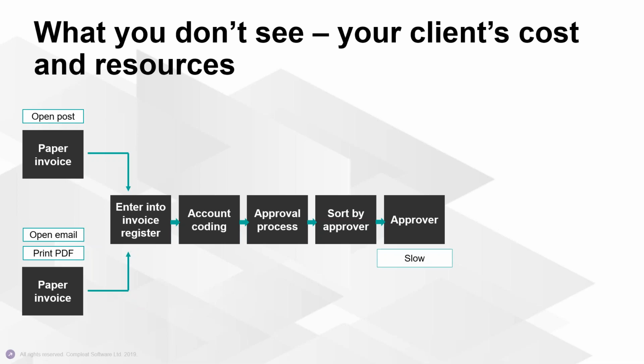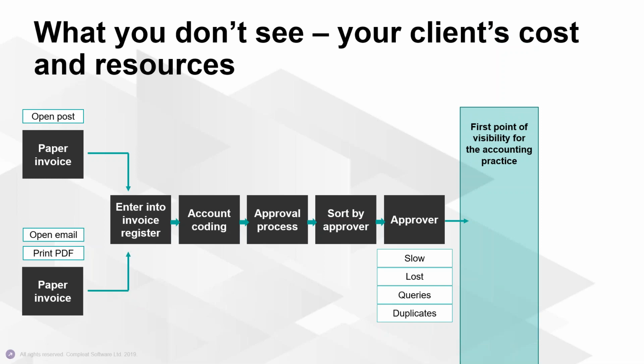The process is slow. They can get lost. If there are any queries, they will need to be manually returned. And the risk of duplication is high at this stage, as they may have lots to approve and no memory of what they have or haven't seen before. And it's from here they will send the invoices to you, the accountant.